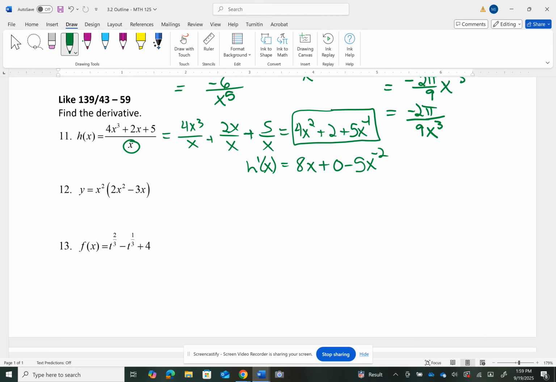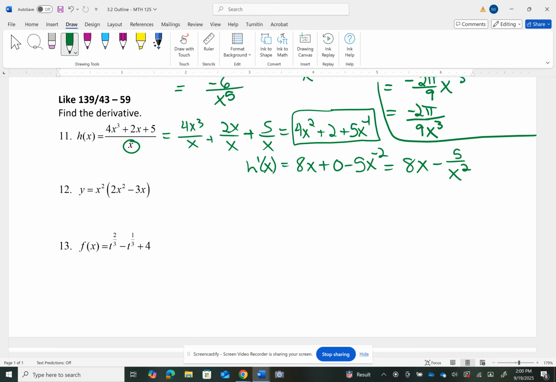And so that one would turn out to equal, let me get a line here, that's the previous problem. So that would turn out to equal 8x minus, and the negative 2 applies only to the x, so that would be 5 over x squared. And it's typically acceptable to just leave it like that.